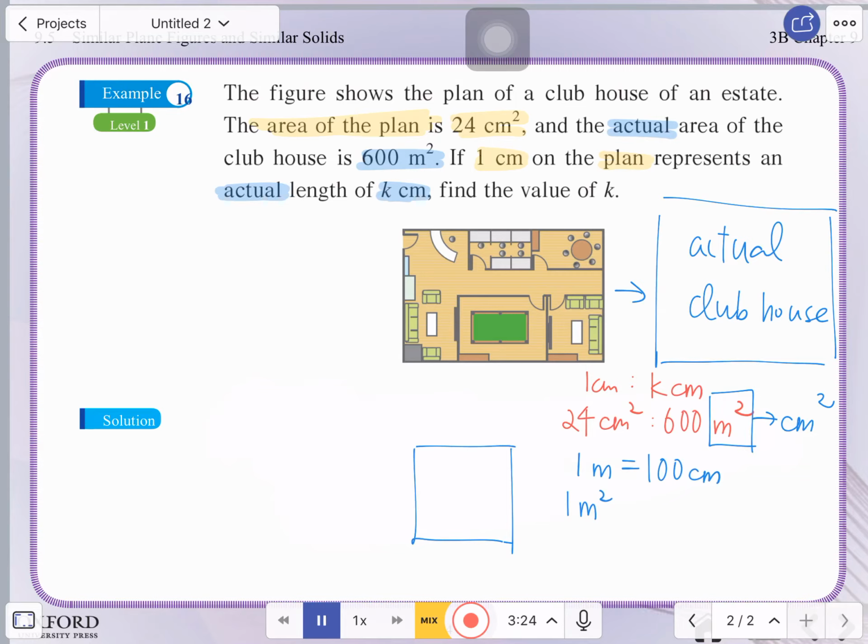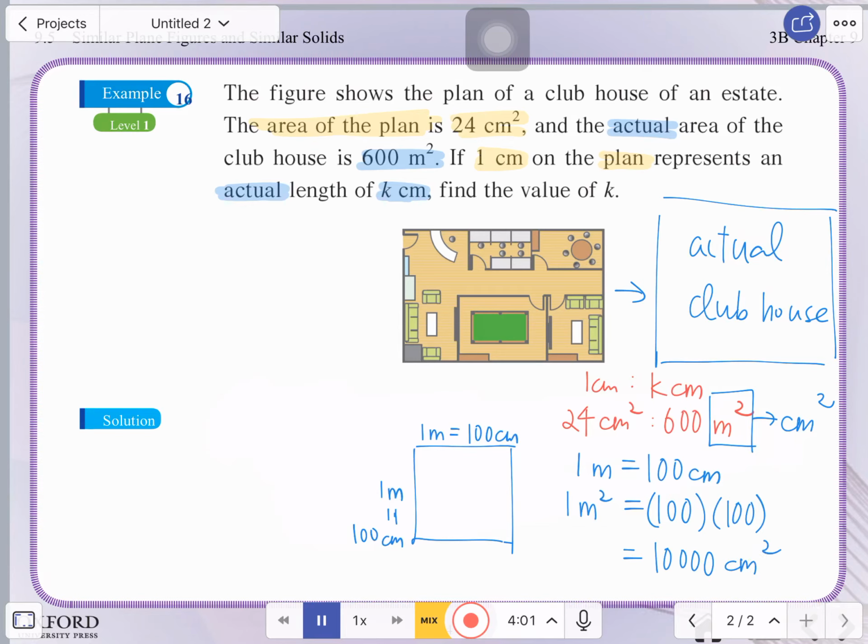Imagine that 1 meter square is the area of a square of length 1 meter and width 1 meter. However, we know that 1 meter equals 100 cm, so it is still the same square. However, if we represent it in terms of cm, it will be 100 times 100, which gives you 10,000 cm square.